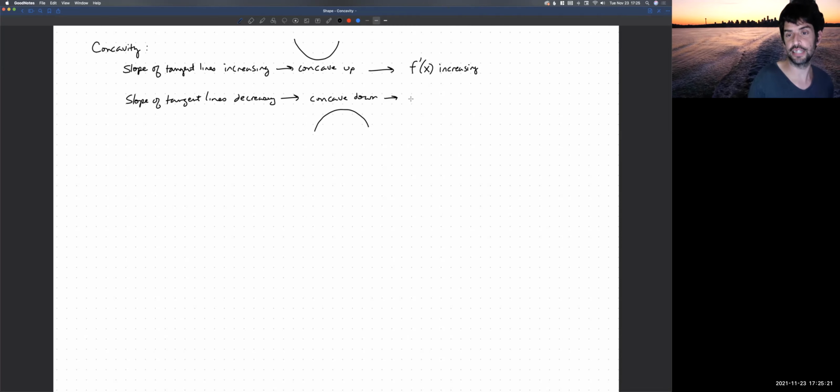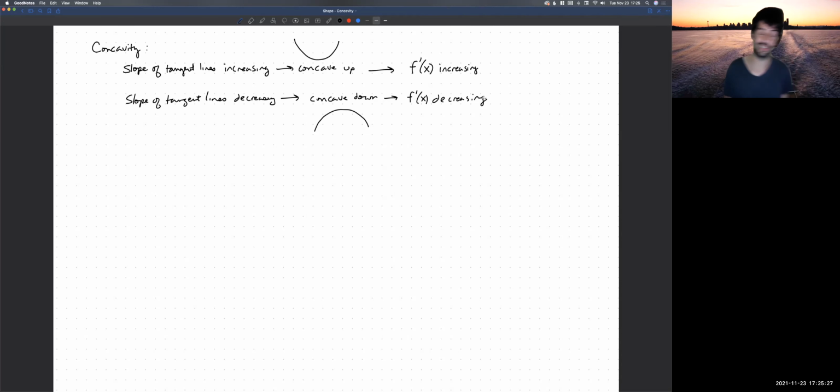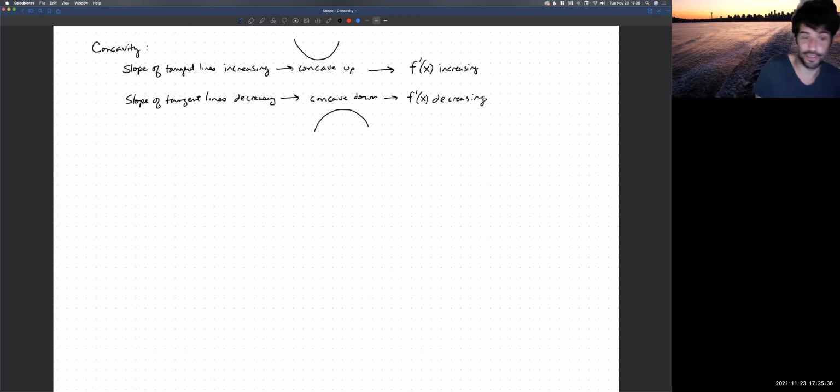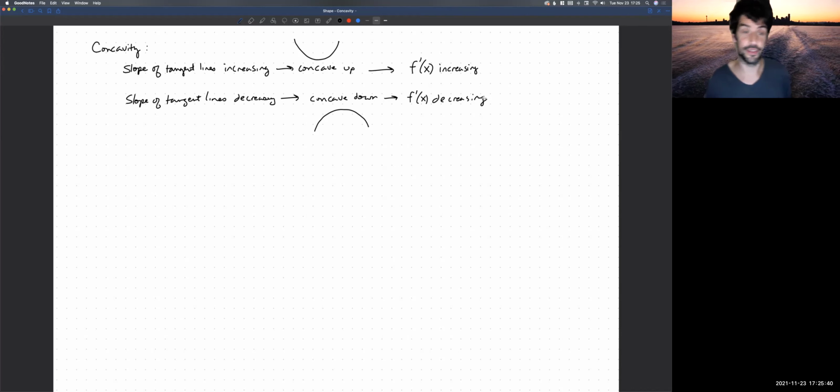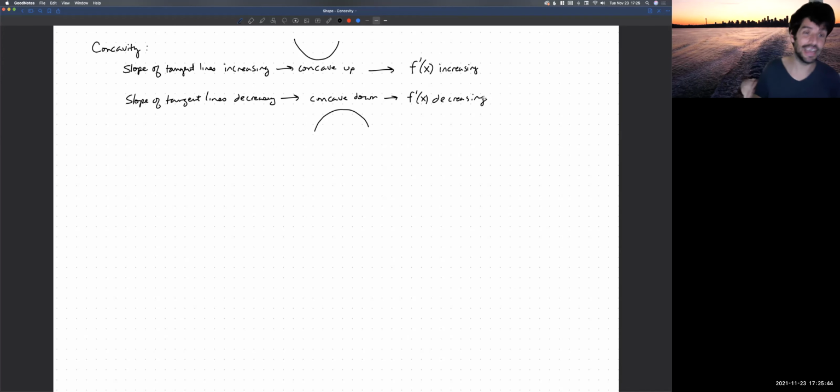And being concave down means f prime of x is decreasing, right? So if the slopes of the tangent lines are getting larger in that region, it must mean that the derivative is getting larger because it tells us the slopes. And if they're getting smaller, then if the slopes of the tangent lines are decreasing, f prime must be decreasing because it tells us the slopes of the tangent line.